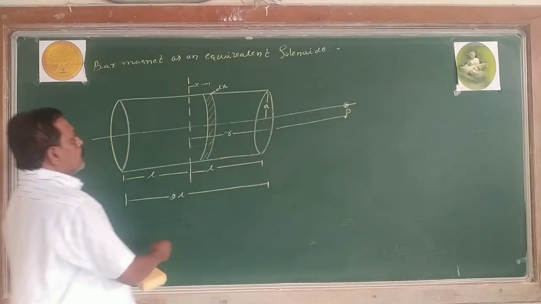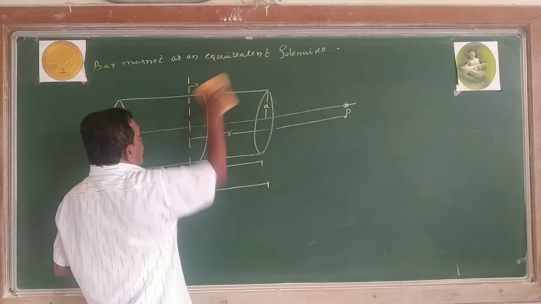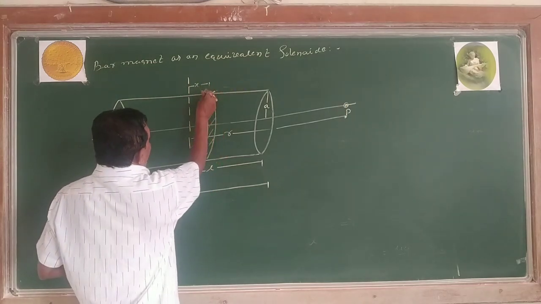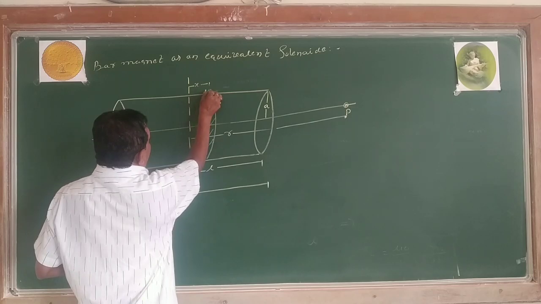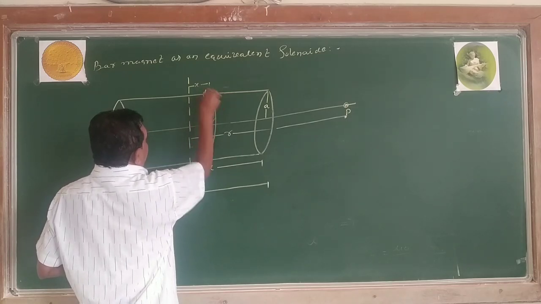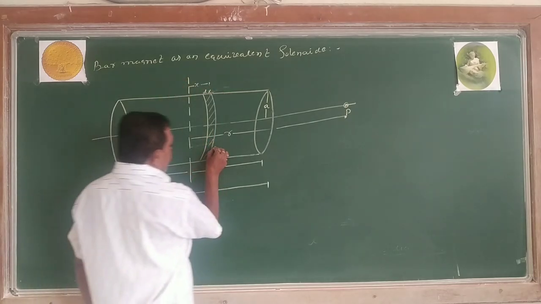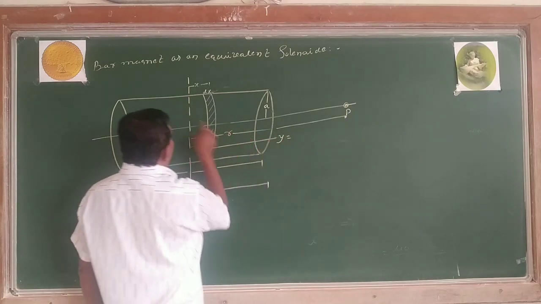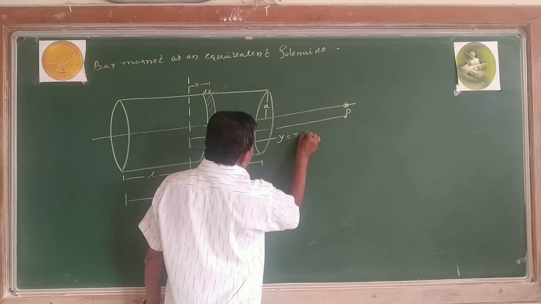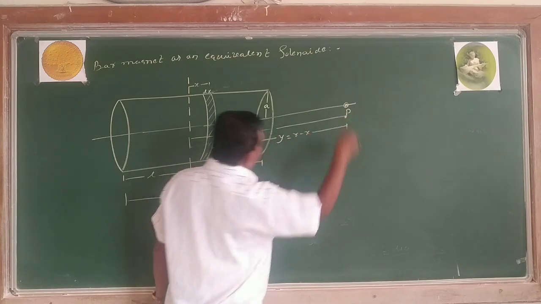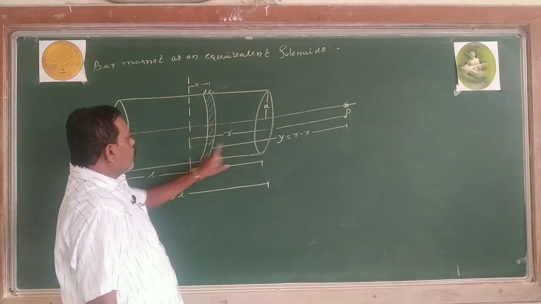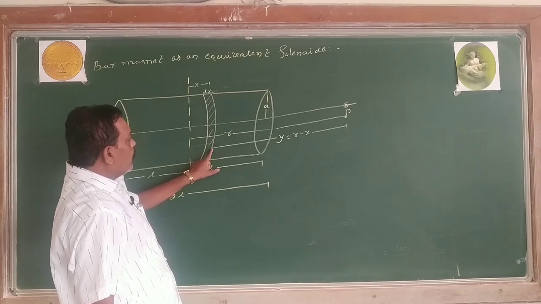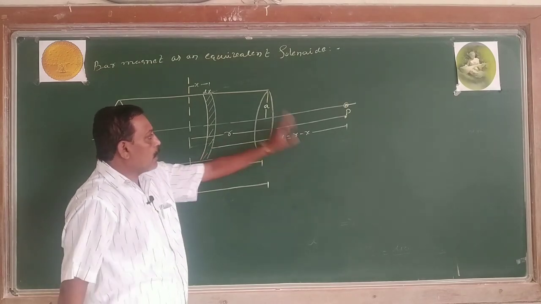Total length from the center is x. Then what is the distance from this to the point P? I call this y. y equals r minus x. If I consider this much of the portion, the distance from the point P is y, that is r minus x.